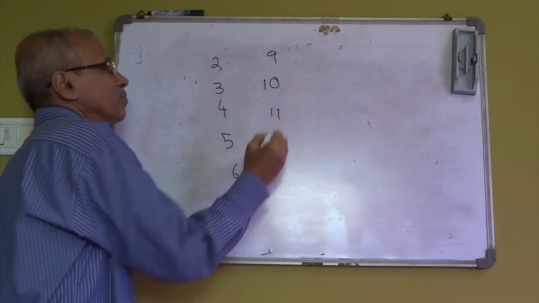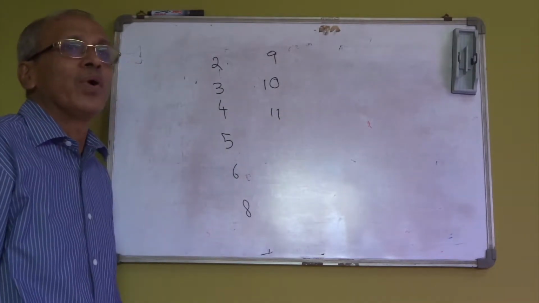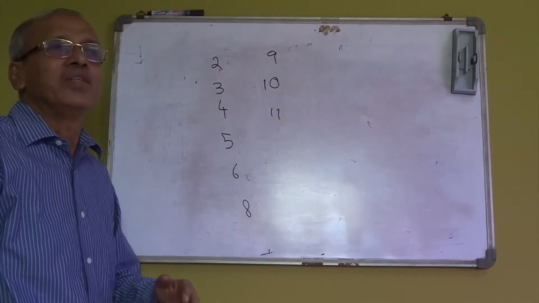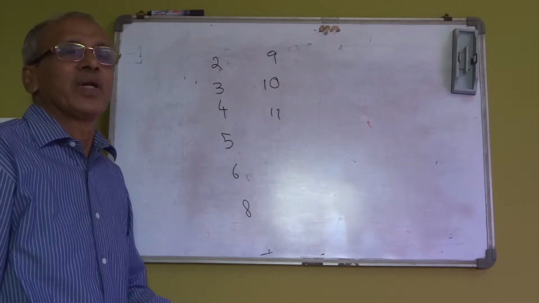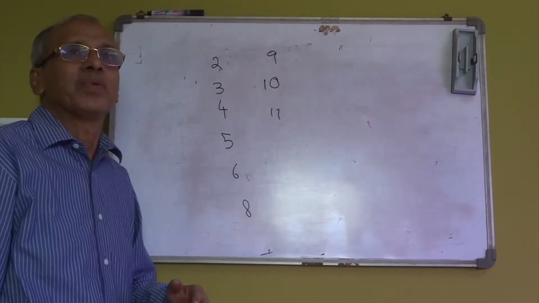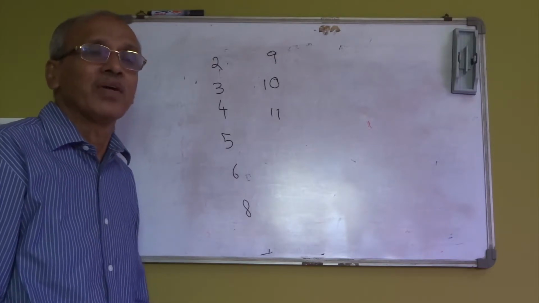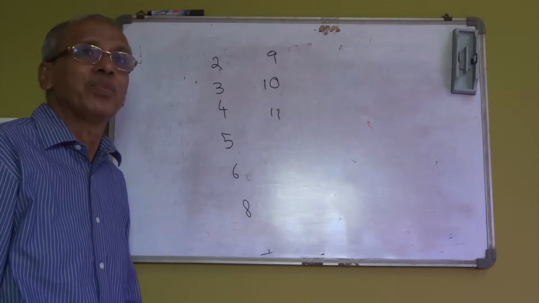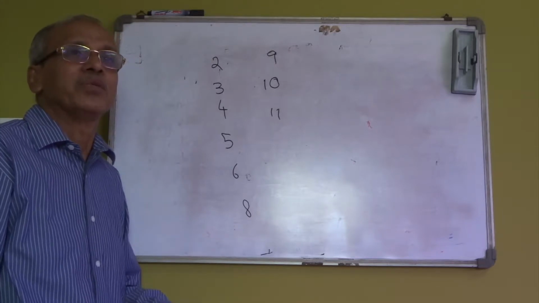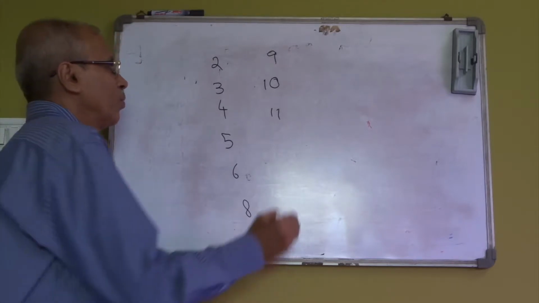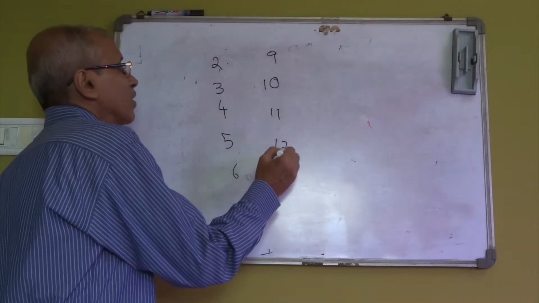11. What you have to do is add the digits in the odd places separately and the digits in the even places separately. If they are equal, or if they differ by 11 or by a multiple of 11, then that number is divisible by 11. As far as 12 is concerned, 3 and 4.